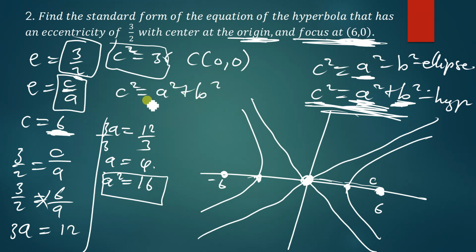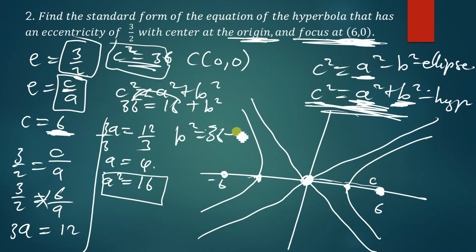When you do the mathematics there, when you replace c squared with 36, and a squared is 16, plus b squared, the value of b squared is equal to 36 minus 16, as it crosses the equal sign and goes to this side. So our b squared becomes 20.